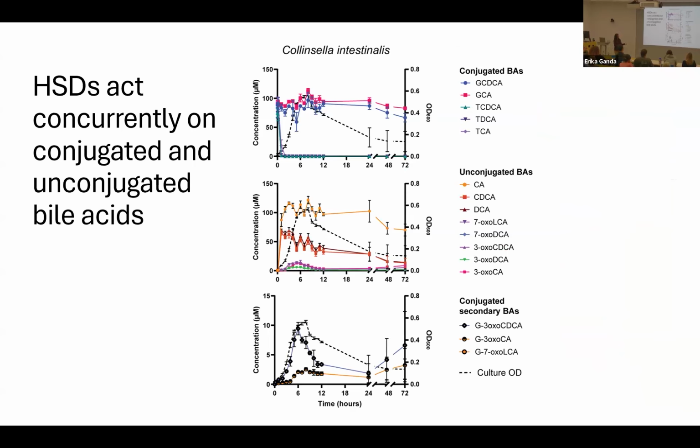So here is the Collinsella intestinalis time series that I showed you before, where we see unconjugated 3-oxos appear after the unconjugated primary bile acids, but we also saw conjugated secondary bile acids appearing at the same time. And this makes sense because Collinsella intestinalis is preferentially deconjugating only the taurine conjugated bile acids, which is leaving a mixture of both unconjugated and conjugated bile acids in the media.